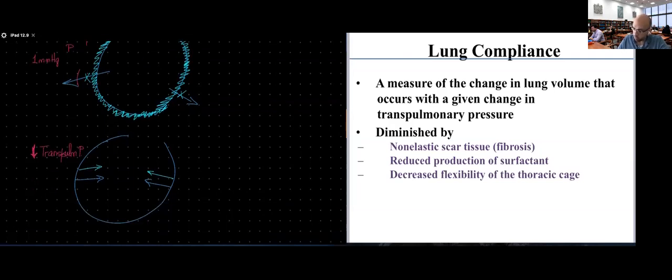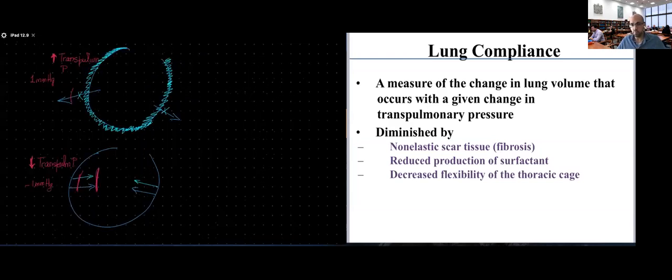And when I have a drop of 1 millimeter mercury in the transpulmonary pressure, I should be reducing the size of the lungs to this extent, but now I am reducing the size to this extent. So am I following the rules here? No. So here we're saying that the lung compliance has been diminished in case of lung fibrosis. I replaced the elastic tissue of the lung by non-elastic tissue, so the lung is not going to respond as it is supposed to.